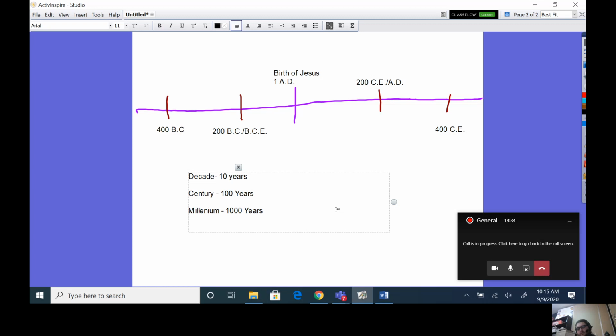So when we move into our next lesson, which is going to be the Paleolithic Age, it's important to know that when we use the word age or era, it's not a specific number of years.